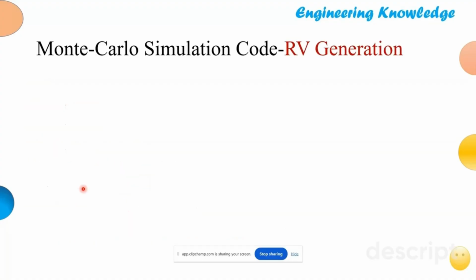Also, we would like to perform the Monte Carlo simulation, for which first of all I will generate Rayleigh random variables. For that, I will first assume how many random variables I am taking. Suppose for instance I am taking only 10,000. We generally require this to be 10 raised to the power 6, a very large number.